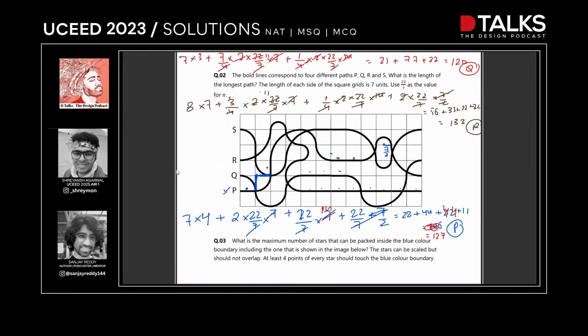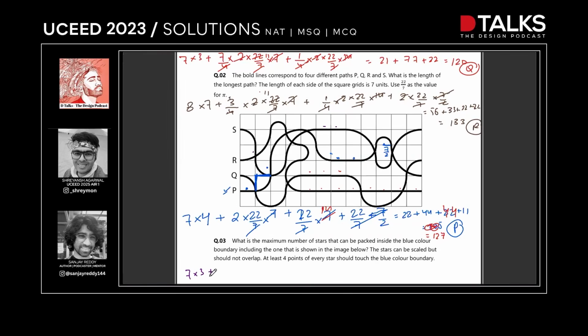So it's S2. So that is 1, 2, 3. That's it. So that's 7 times 3 plus we have 1, 2, 3, and that's it.